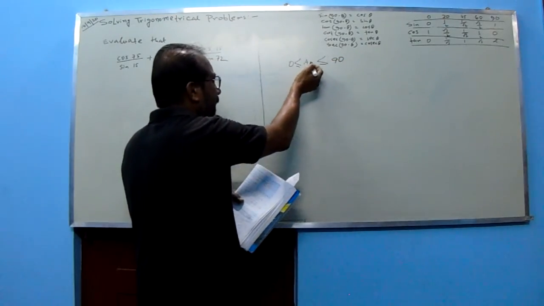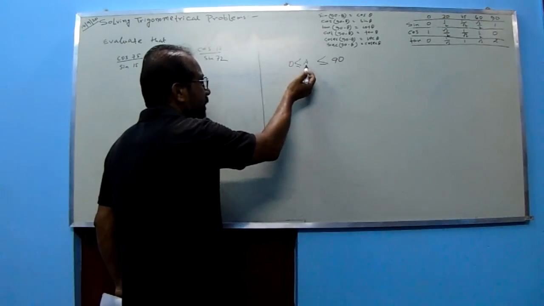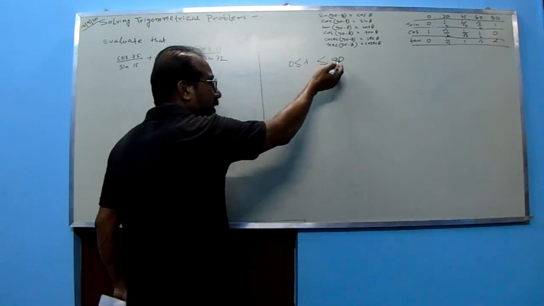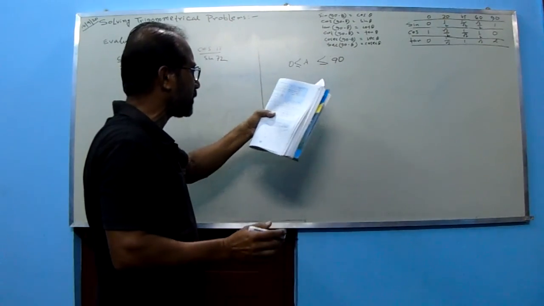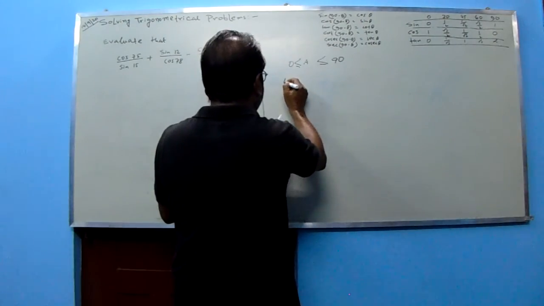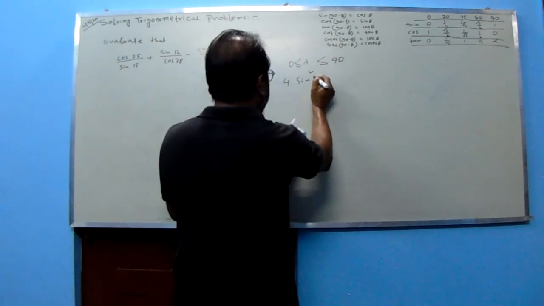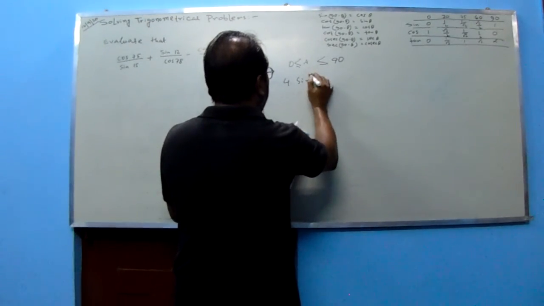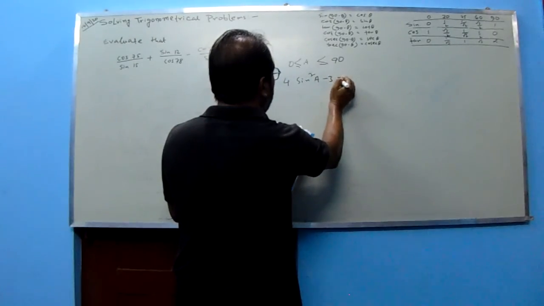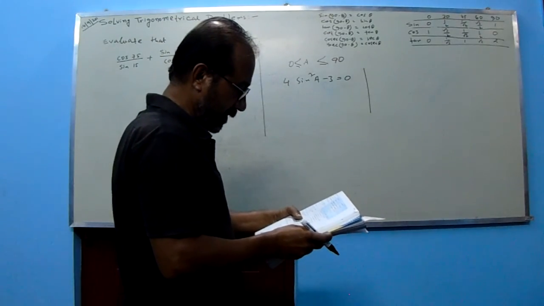For this condition, what will be the value of A if 4 sin square A minus 3 equals 0? This is one math.